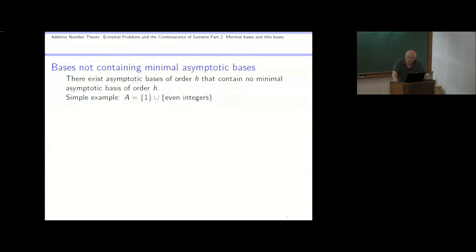You'll lose that same number of odd numbers in the sum set, but you can't delete an infinite set. And there's a principle that we'll use several times today, which is that in an infinite set, there's no maximal finite set. So from this, you can delete any finite set of even numbers, but no infinite set. So there's no maximal set you can delete to get a minimal basis.